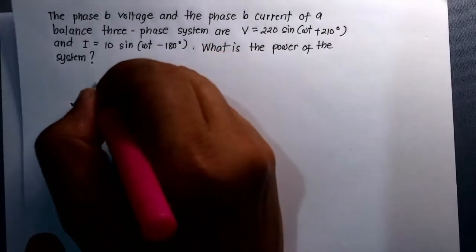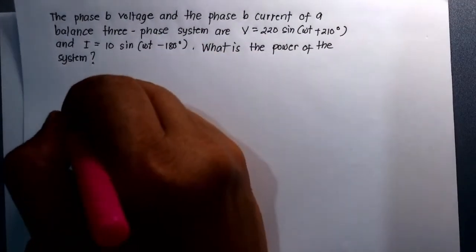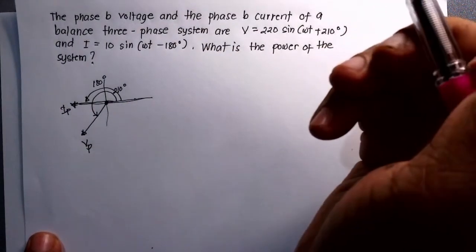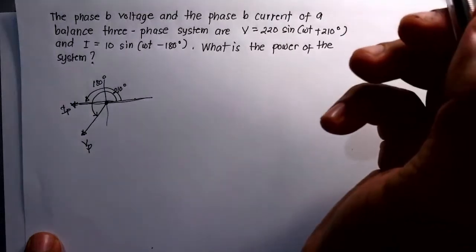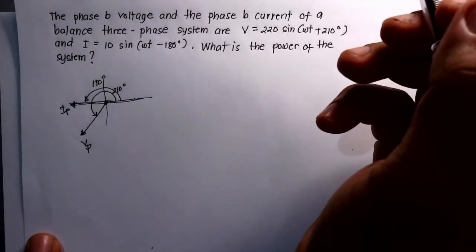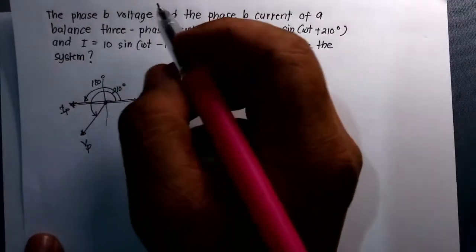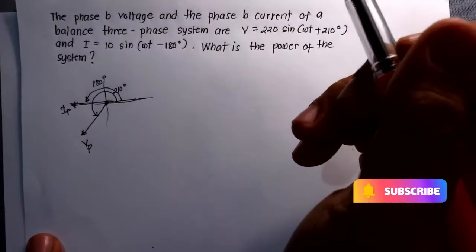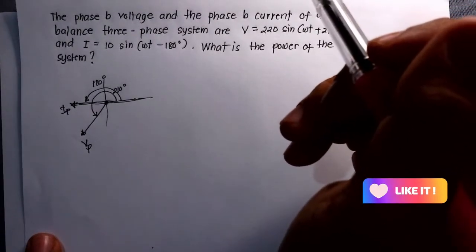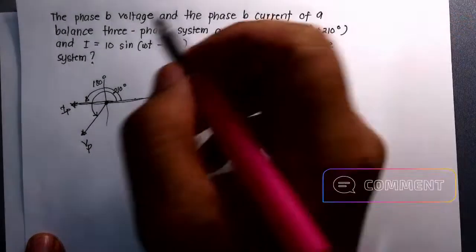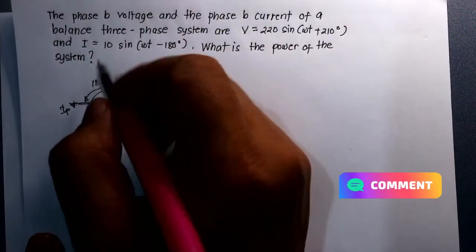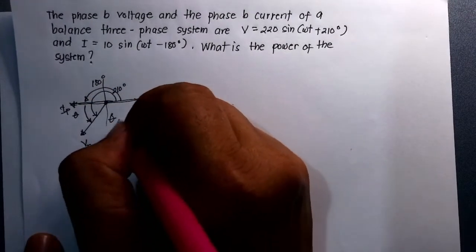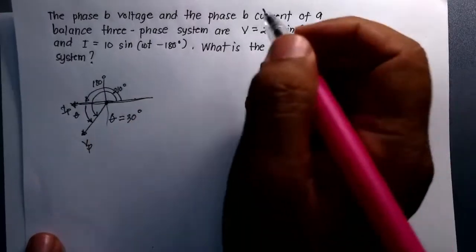So this is your I sub P. Okay, but since we are to get theta, which is the subtraction of the angle generated by your voltage and the angle generated by your current, that is 210 minus 180 degrees. So this will be your theta here. So theta is actually equal to 30 degrees.